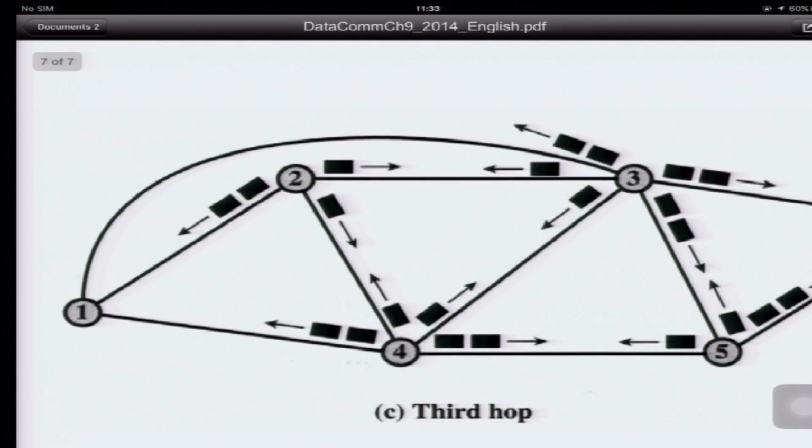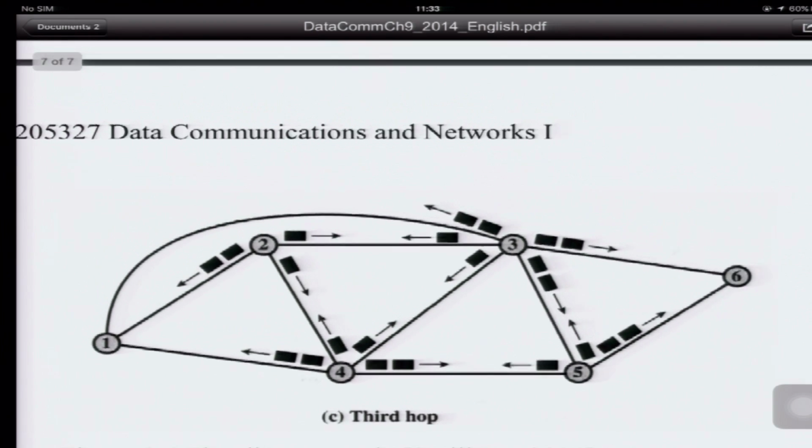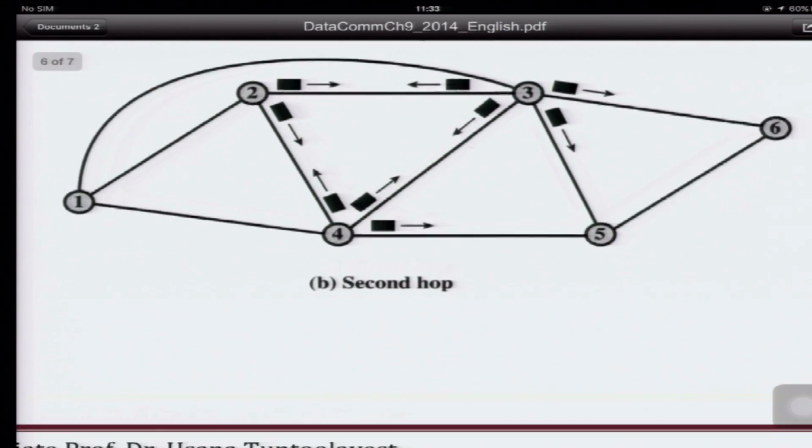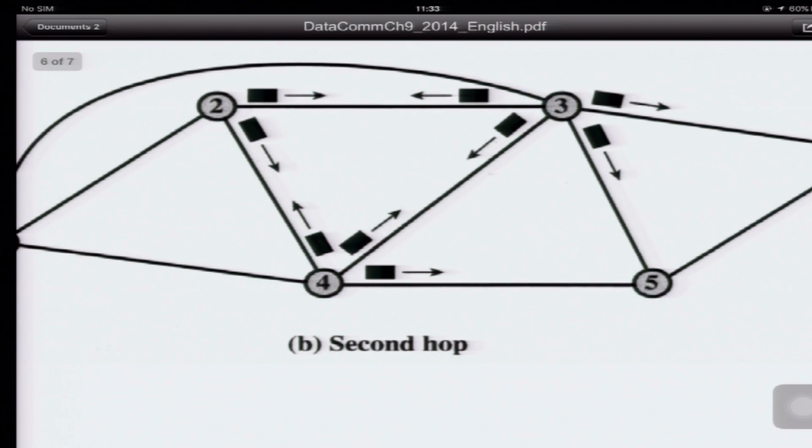So 1 will receive 2 copies of the packet, and 3 and 4 will receive another copy. The copy that goes to 4 is the copy that was received from 3. The copy that goes to 3 is the copy that it received from 4. So a lot of packets are generated.